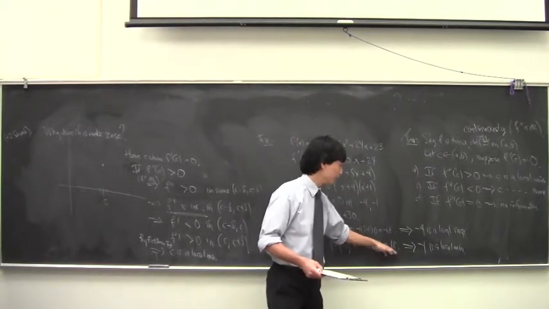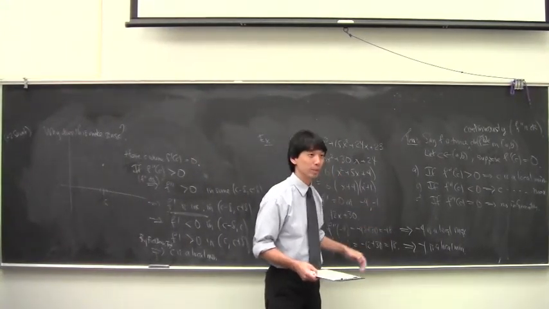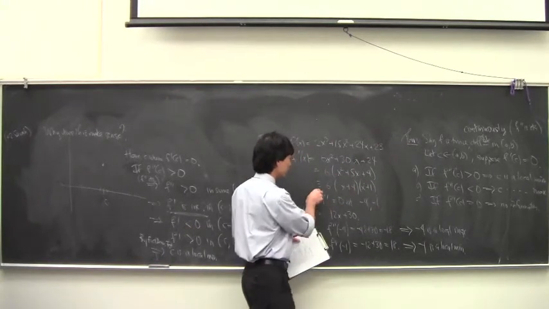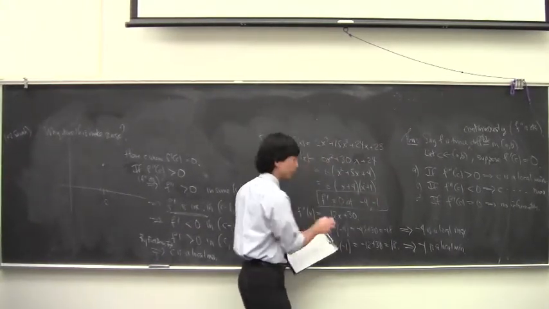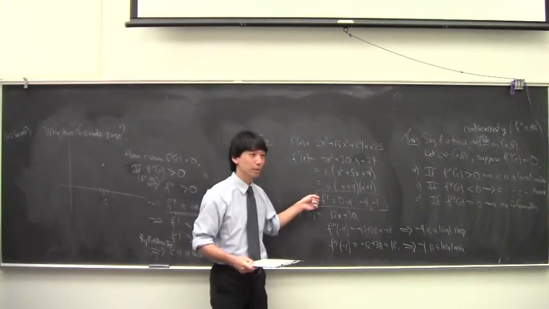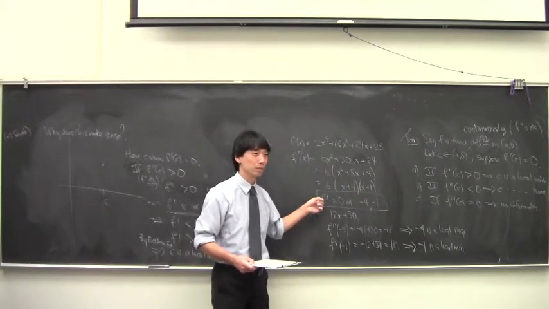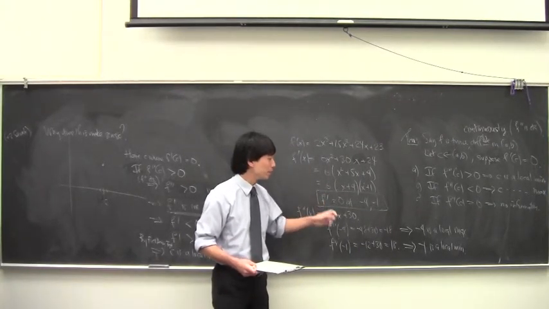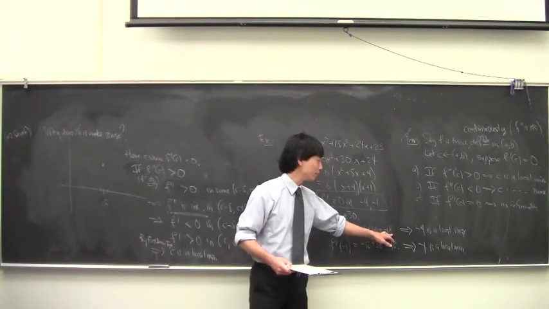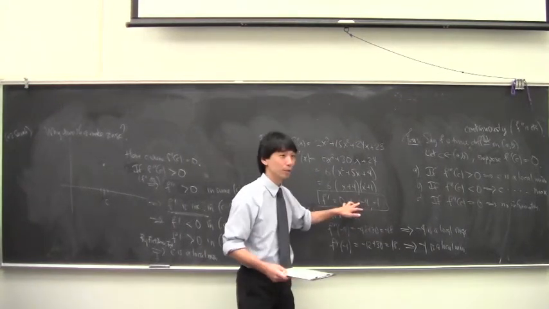Here it's concave up, so it must be a min. So you find the critical points first, and then you check what the concavity is at those critical points. It's not that wherever the second derivative is negative, you have a max. It has to be at a critical point.